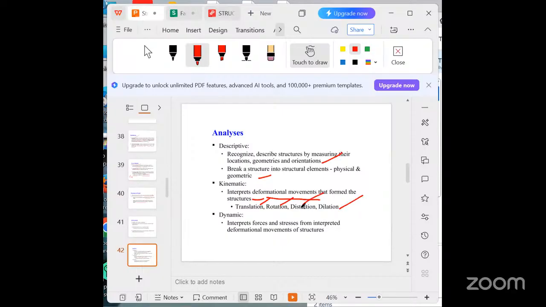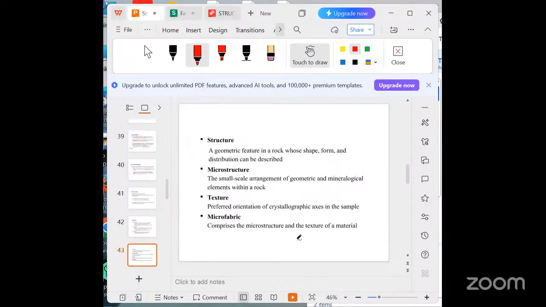And dynamic analysis interprets forces and stresses from interpreted deformational movements of structures. Now, what is a structure? A structure is a geometric feature in a rock whose shape, form, and distribution can be described.